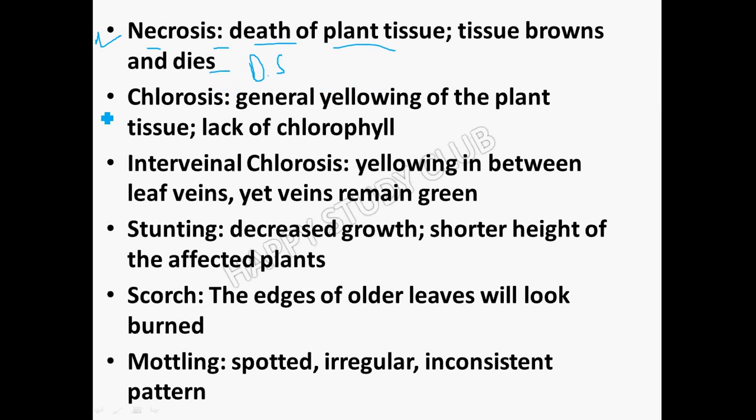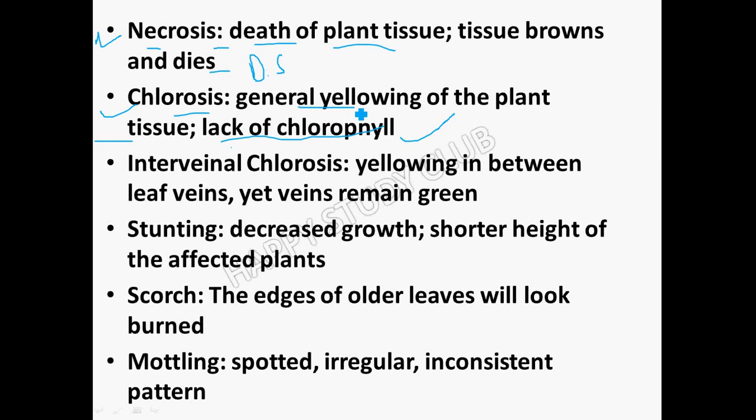Tissue browns and dies. Next one is chlorosis. Chlorosis means general yellowing of the plant tissue. It occurs when there is lack of chlorophyll, the pigment responsible for the green color in the leaf.